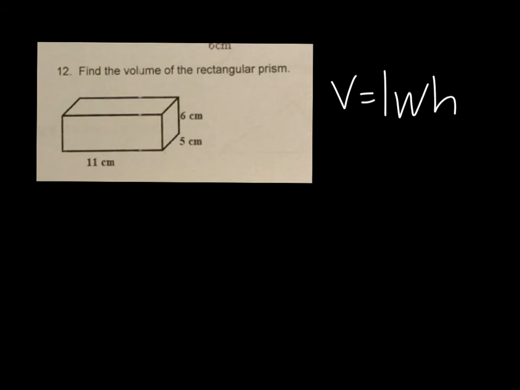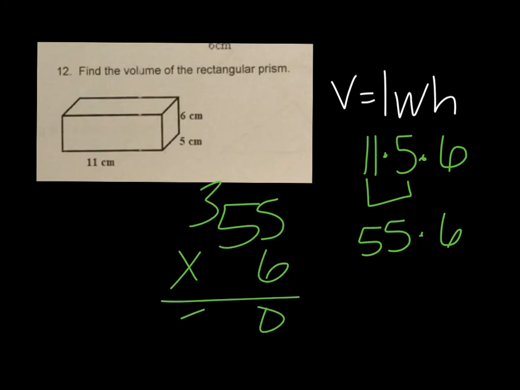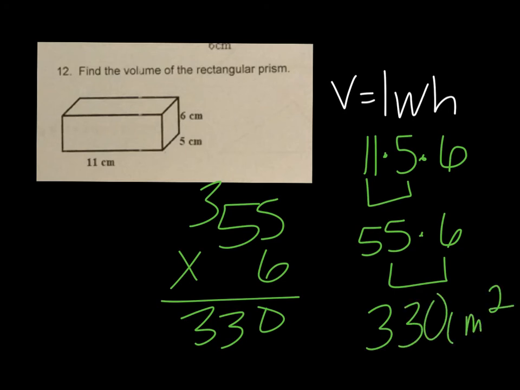Volume equals length times width times height. So 11 times 5 times 6. 11 times 5 is 55. And then 55 times 6 would be 330. So 330 centimeters squared.